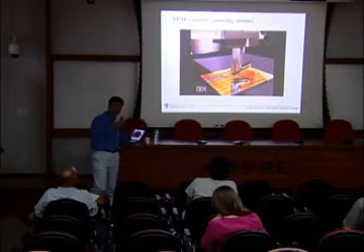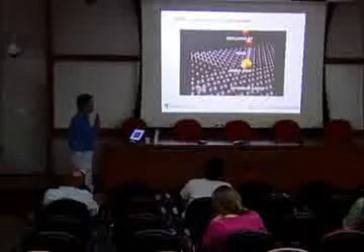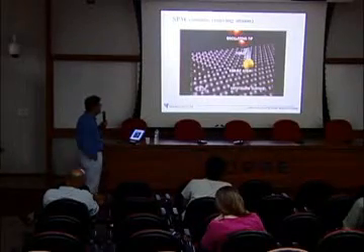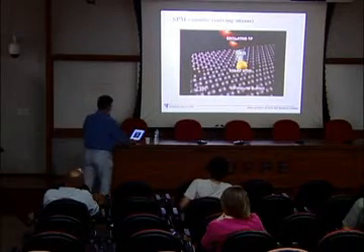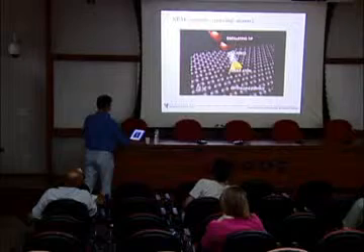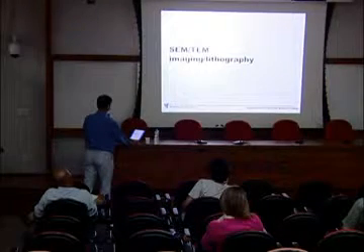In order to move an atom, we need to spend about a few hours, and then it can be moved a few nanometers. So it's a very time-consuming procedure, but anyway, it's meaningful in that nanoscale patterning can be made.